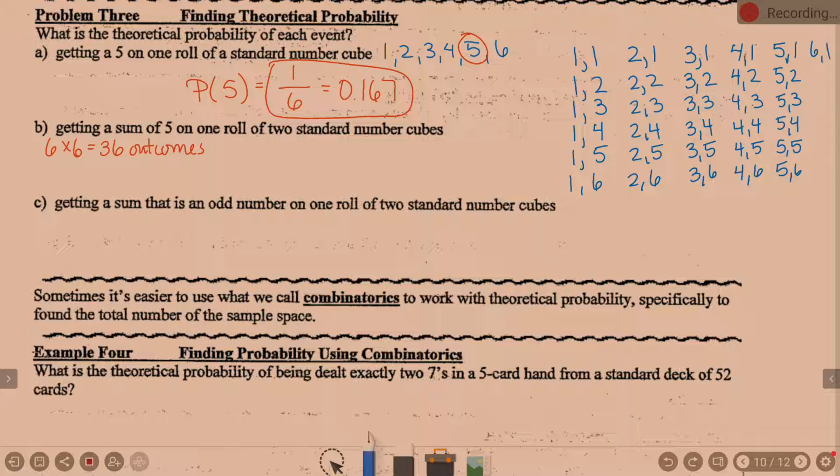We also could go 6 on the first die. 6 and 1, 6 and 2, 6 and 3, 6 and 4, 6 and 5, 6 and 6. Okay, guys. This is our sample space for rolling 2 dice.